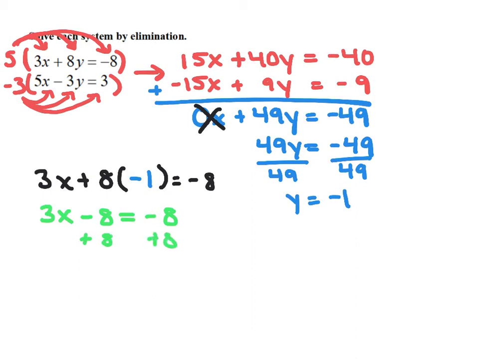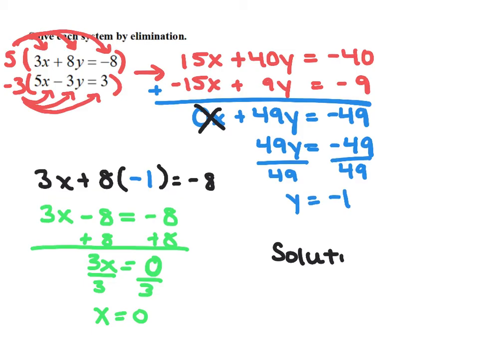Add 8 to both sides to get 3x equals 0, and divide both sides by 3 to get x is equal to 0. So the solution to this system is 0, negative 1.